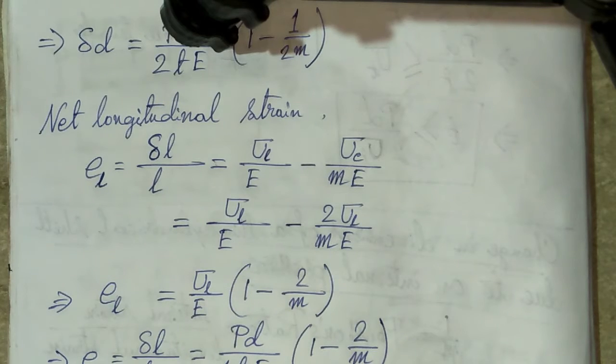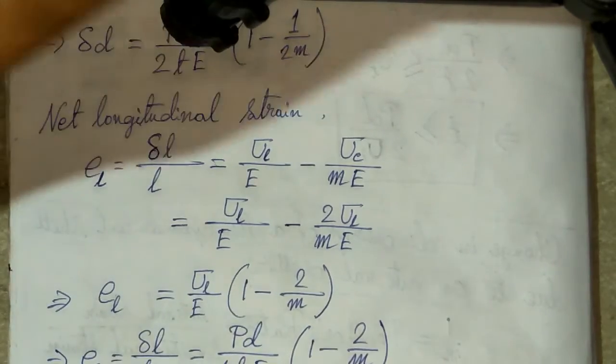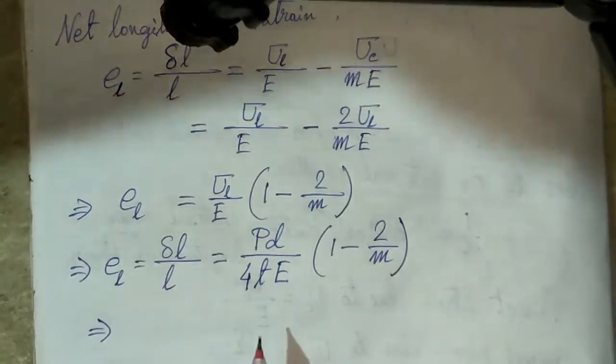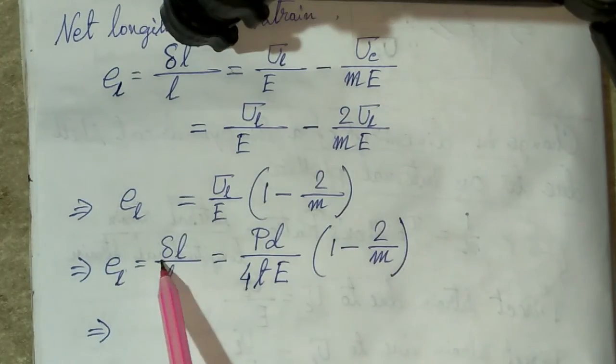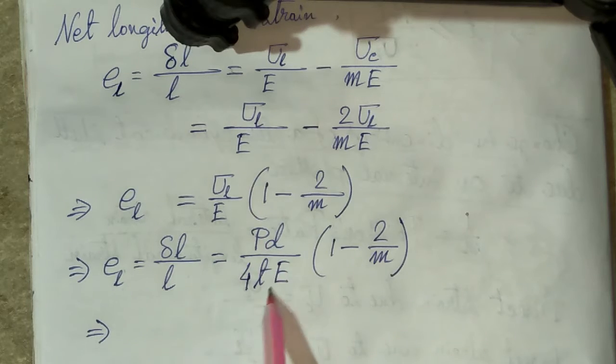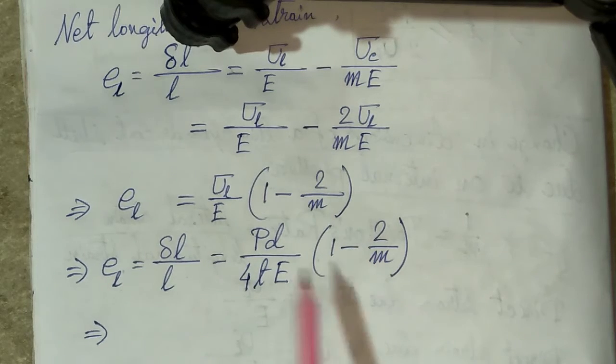So now we can find the value of e suffix L, delta L by L, by substituting the value of sigma L, that is pd by 4tE into 1 minus 2 by m.